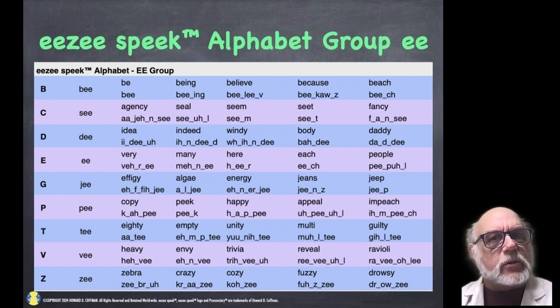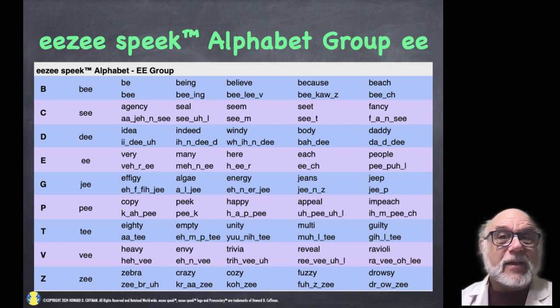So this particular group is the largest group. There are 9 letters that share the sound E, the vowel E in English. We'll be going through all of these.